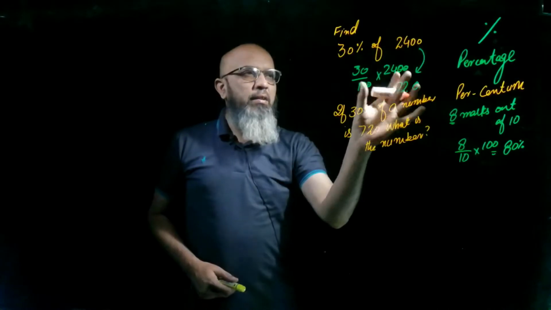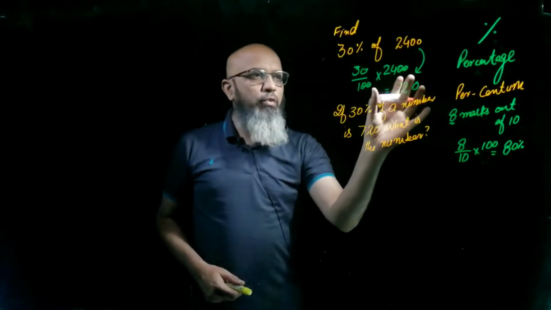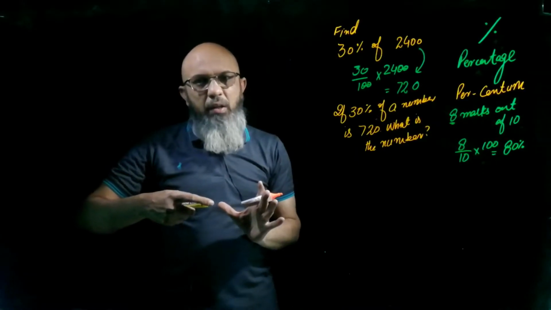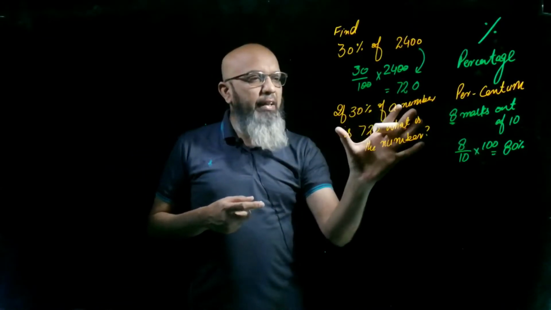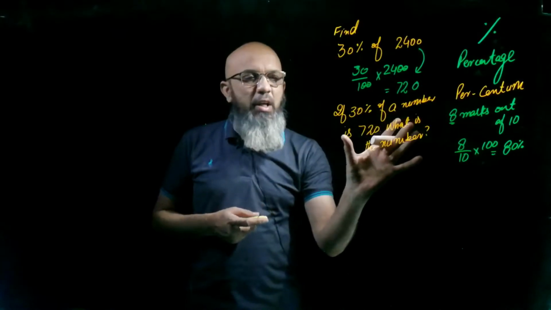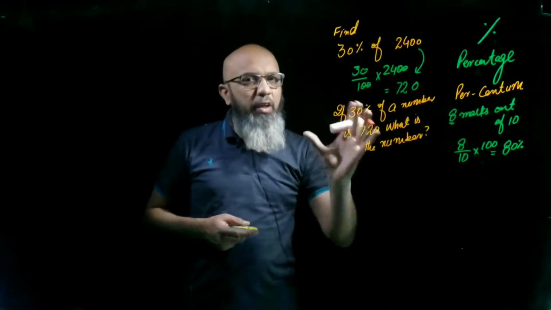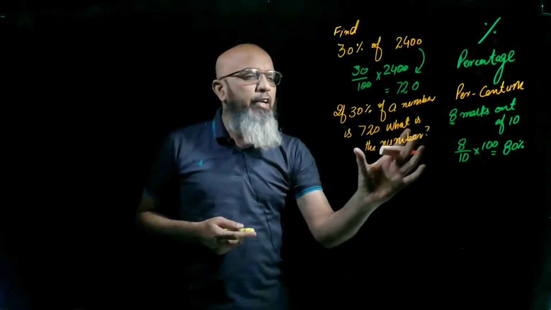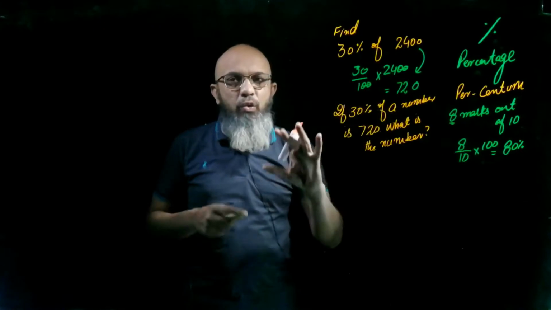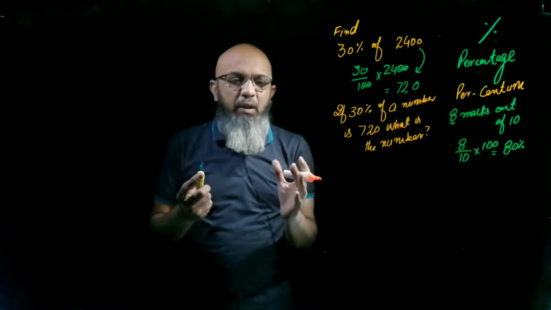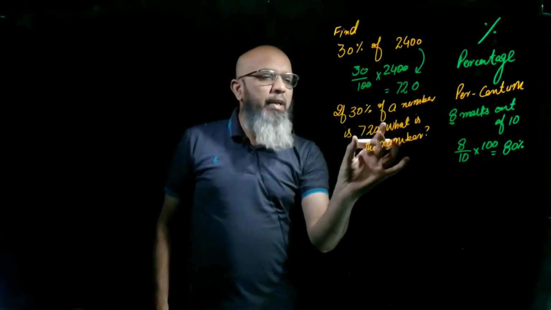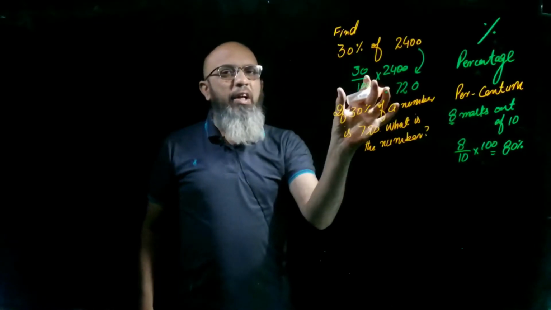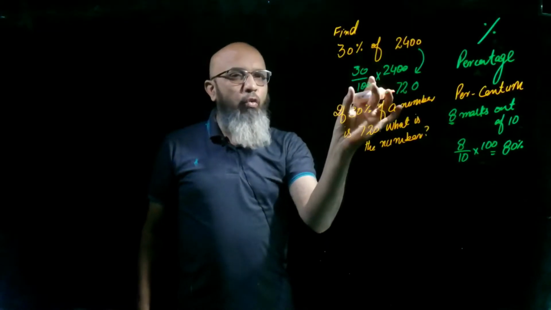In the first, we have to find 30% of the total, that is 720. Now in this topic, at this level, you have to solve such kind of questions: 30%, 20%, or 25% of a number, a part of the number, is given to you, and you find the whole value, the original value. So 30% of a number is 720. What is the total value? Here you did 30 over 100.